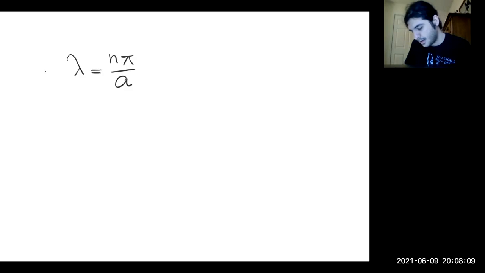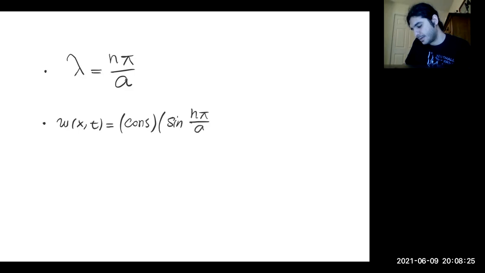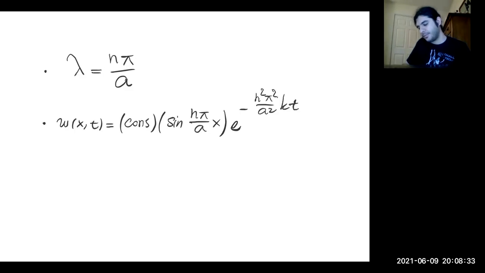Why is that? Well, remember, our solution is of this form: a constant times sine of lambda x, which is n pi over a x, times e to the minus n squared pi squared over a squared kt.